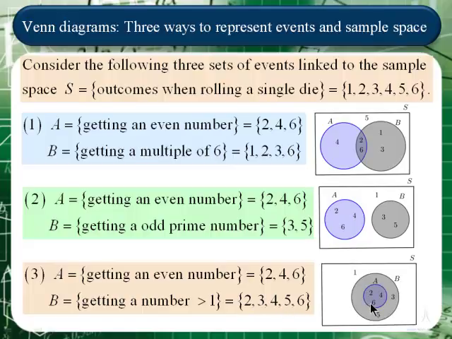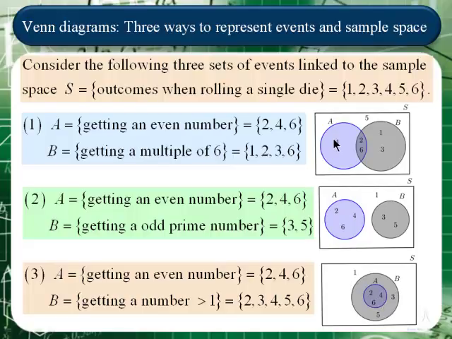If we make a sketch of this, then we find that the event A, now remember, an event is a subset of the sample space, so therefore the event A is a subset of the set B, so it's completely contained within the event B. So the elements or the outcomes belonging to event A are also outcomes for event B, while the outcomes 3 and 5 belong to the event B only, and the outcome 1 does not belong to B nor to the event A, but only to the sample space S.